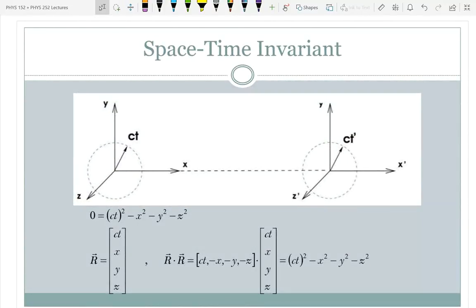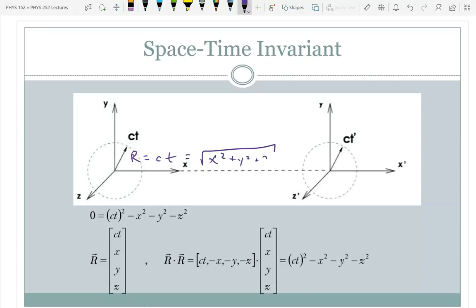So reviewing the first of the three things that could be on the exam, we had the space-time invariant for position. And that was found by taking the radius of an expanding sphere of light. And the radius could be calculated either as radius is equal to the speed of light multiplied by time, or using the Pythagorean theorem, the square root of x squared plus y squared plus z squared.